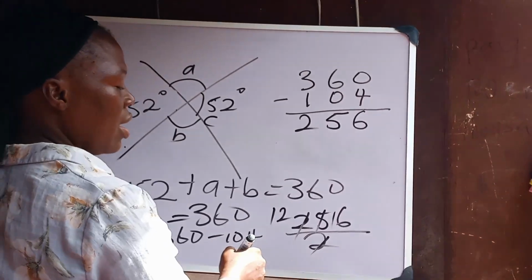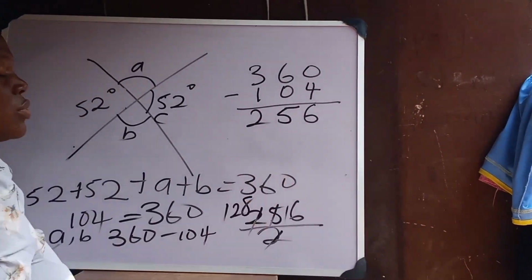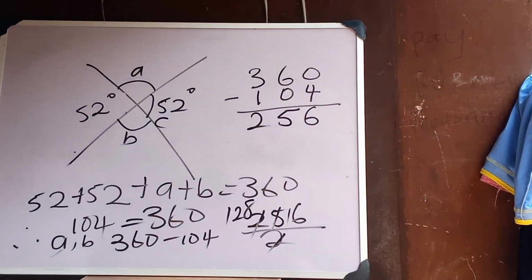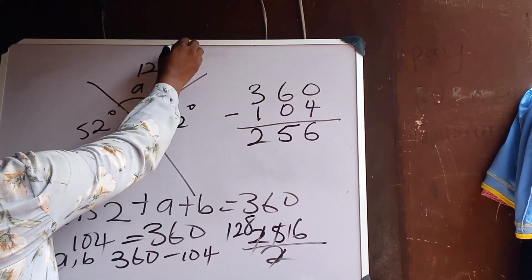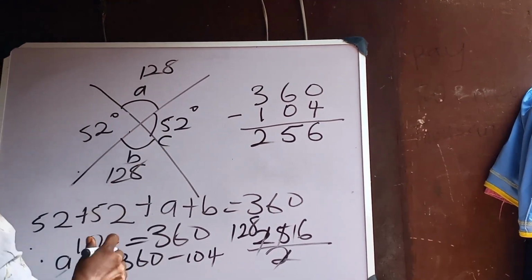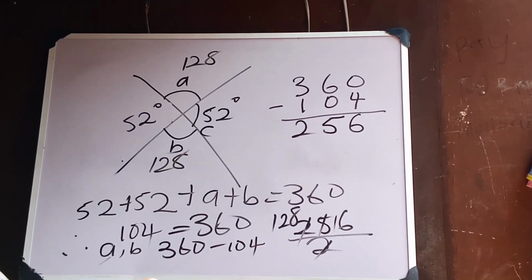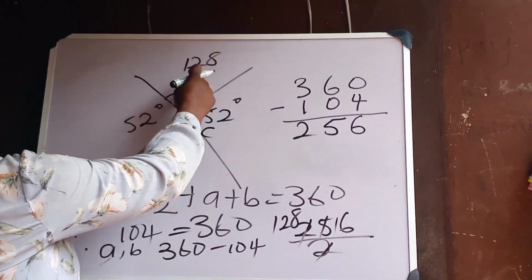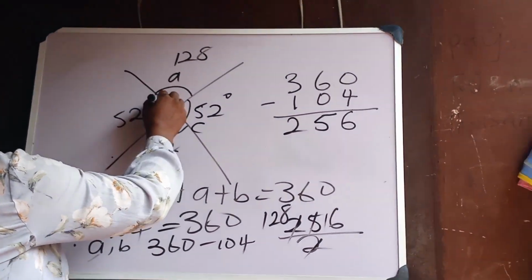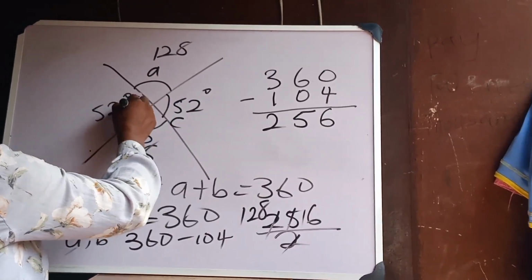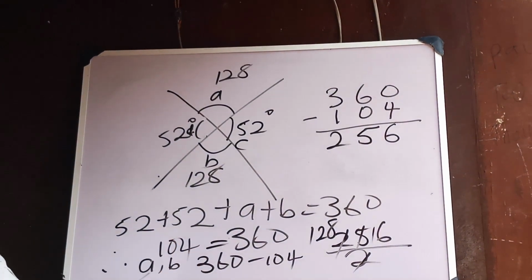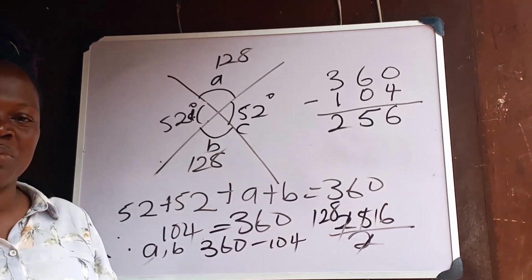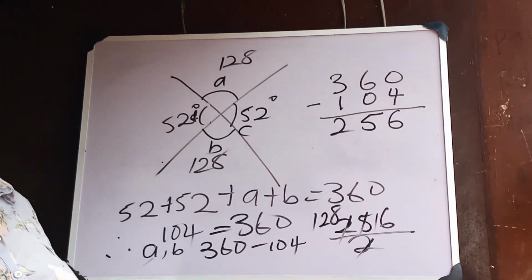Into 16 we have 8. So this is 128 and this is 128. So A is equal to B, and D is equal to C. It is very simple mathematics.